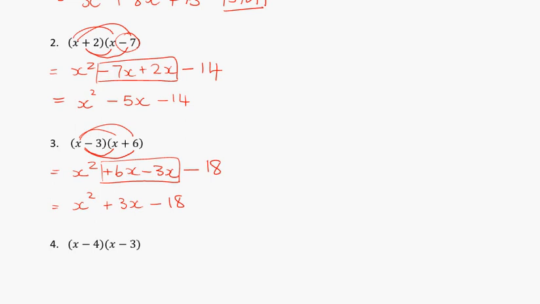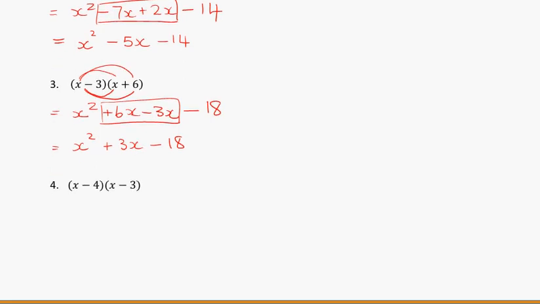Okay, and the last one. x times x is x squared, minus 3x, minus 4x. Now minus 4 times a minus 3, two negatives, the signs are like, so you end up with a positive when you're multiplying. 4 3s are 12. And remember to multiply here, don't start adding.